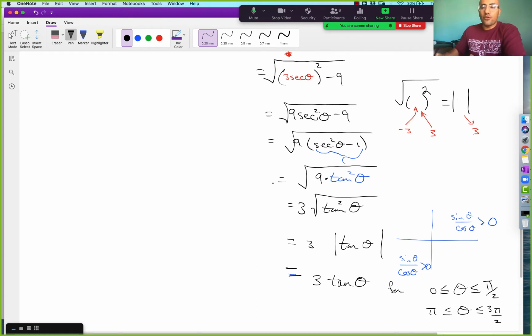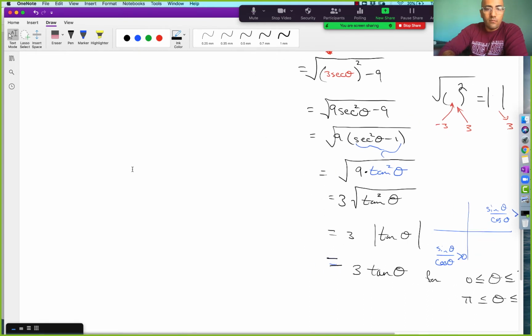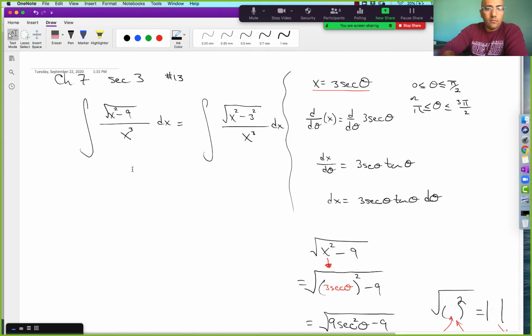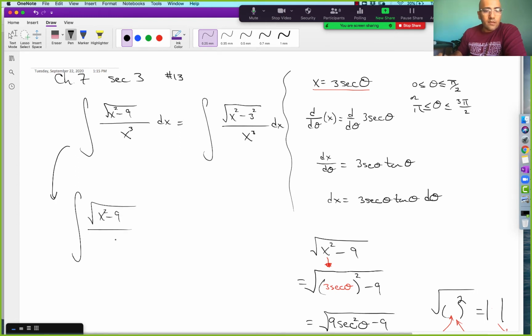Okay, so we have all the tools necessary now to come back to our original integral up here, and replace each one of these things. So now I'm just going to go right over here. After all that work, I'm going to copy this integral of x squared minus 9 all over x cubed dx.